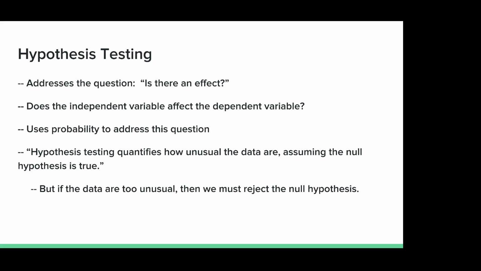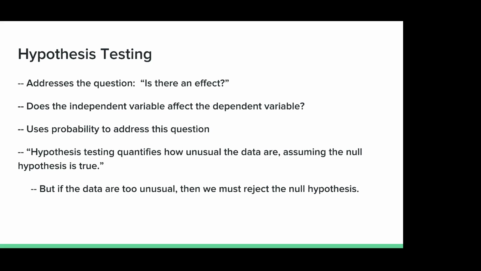And hopefully, does this intervention have a positive effect? If it has no effect, well, we shouldn't be doing it. If it has a negative effect, well, then why the heck are we doing it? So hypothesis testing uses probability to address the question of, is there an effect? Does one thing affect the other?